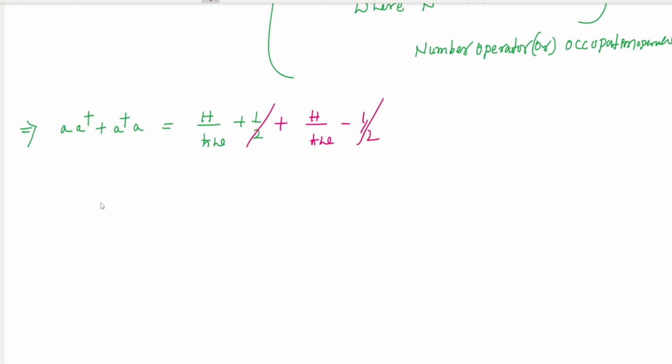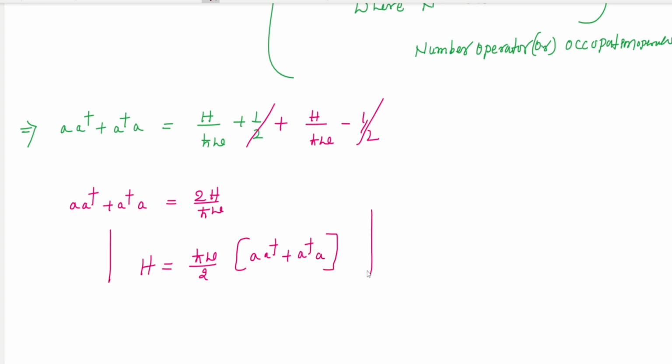These two terms are cancelled. The remaining terms give A A dagger plus A dagger A equal to 2H divided by h cross omega. So from this equation, we can get H equal to h cross omega divided by 2 into A A dagger plus A dagger A. Simple, right?